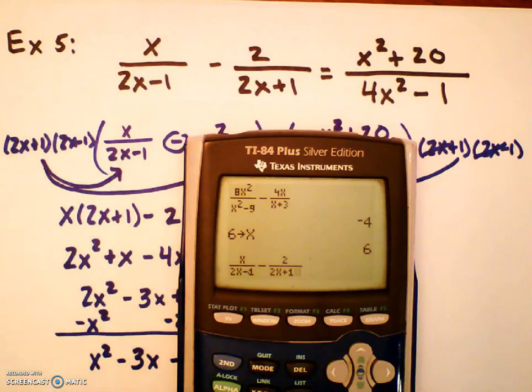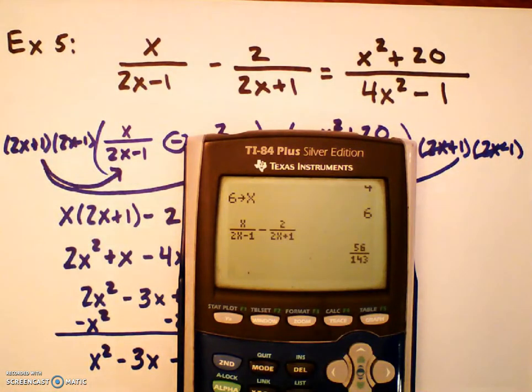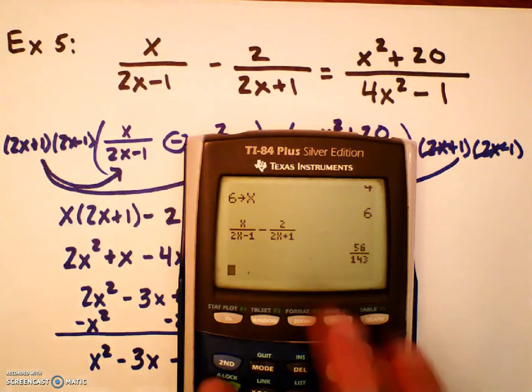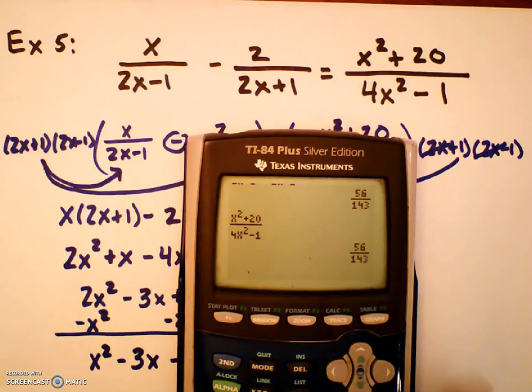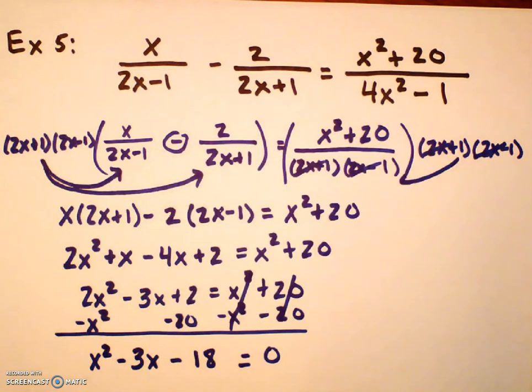And hit enter, and that's going to get me a number, which is that. Then do the right-hand side, which is x squared plus 20 over 4x squared minus 1. And it gets me the same thing, which means that that is one of my answers. So x equals 6 is one of them.